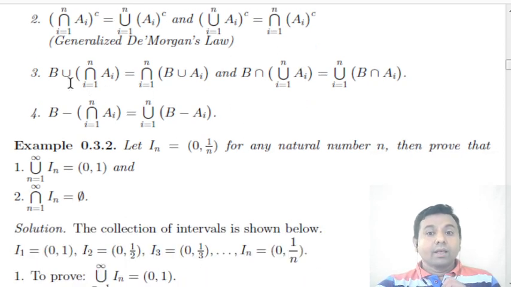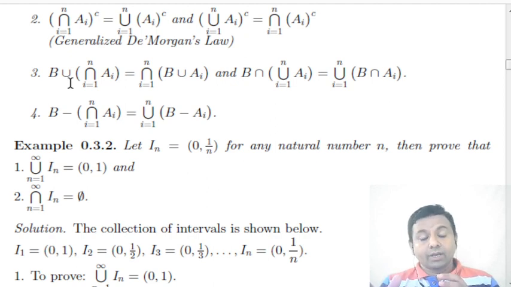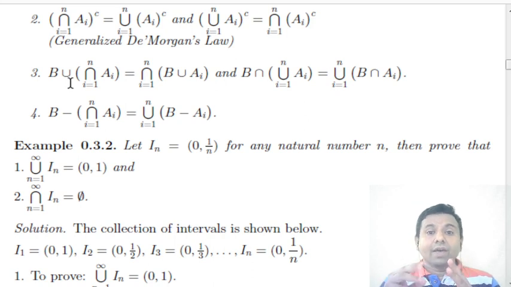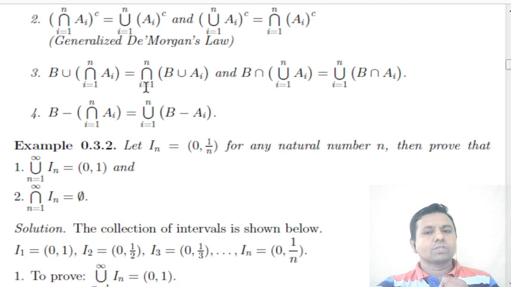Now here we know that intersection is distributive over union, as well as union is distributive over intersection, whenever we have given sets A, B and C. But what can you say about the generalization? So we have B union the intersection of Ai equals the intersection of B union Ai.